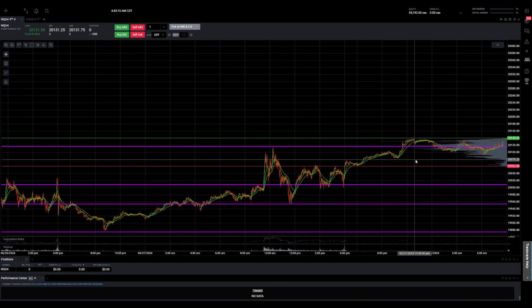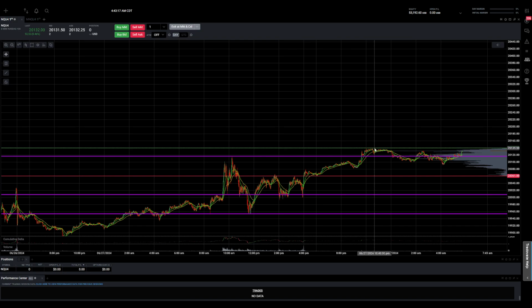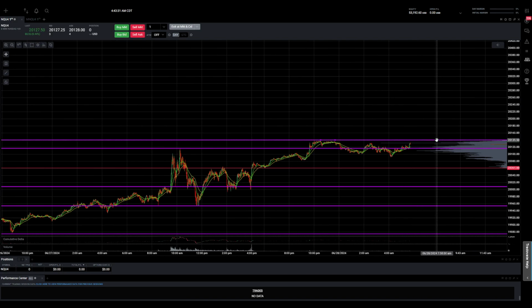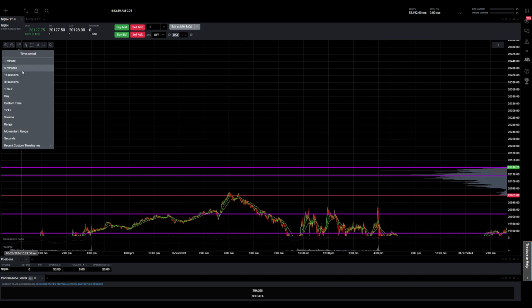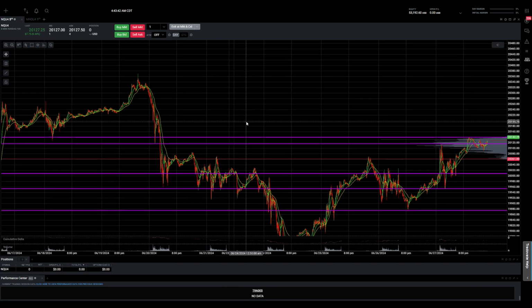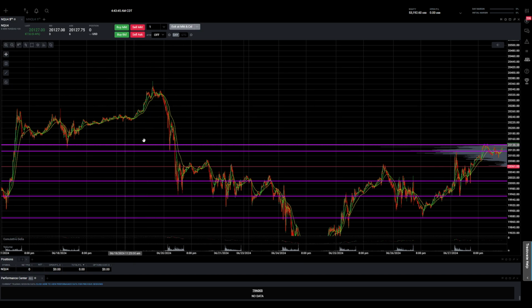And as you can see, the market's already broken much higher the next day. So right now I have my next reference level just at the current high of the market. Since we don't know what's at the top of the range from 20,140s all the way moving forward, we want to look much further back into the market time frames and find the highs and lows of these specific days, so that we have a great example of where the market can head to, and where the support or the resistance is going to be.